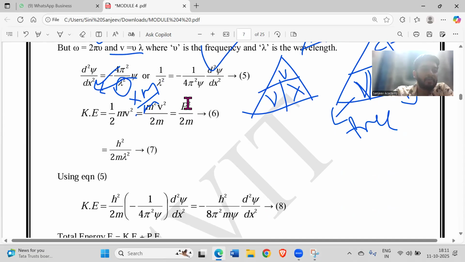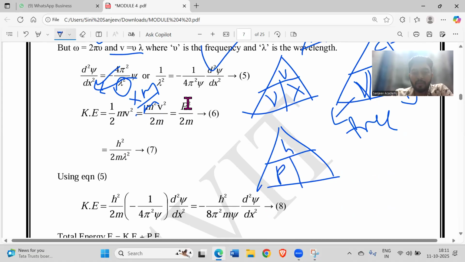One more triangle you have to form, so note down all the triangles. P is H by lambda, so instead of P square, I'll get H square by lambda square. If you do the triangle, it will be easy for you to memorize. Only the first time it will be a little bit difficult, but then it will be very easy.